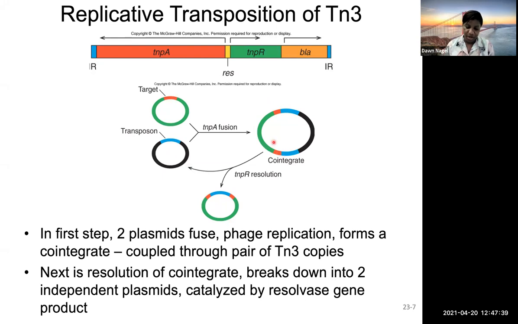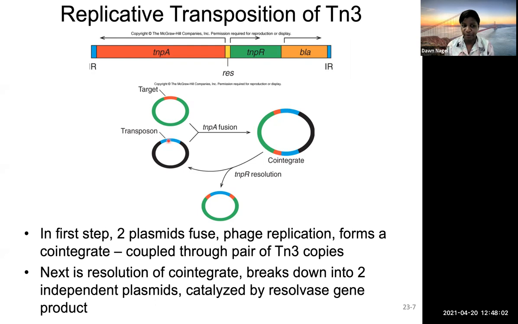This cointegrate then gets resolved by recombination. And resolving it by this recombination event then copies the transposon onto that target, while the original plasmid also retains a copy. Okay, so it's replicating it.